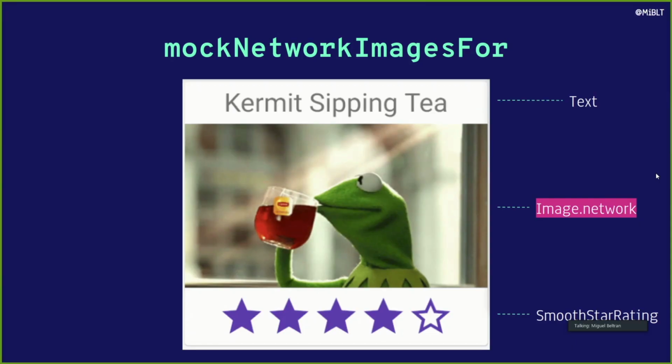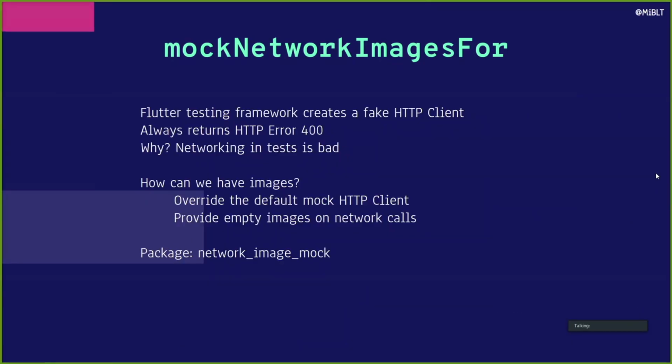Exactly what we get is the HTTP error 400. The reason is because the Flutter testing framework creates a fake HTTP client that always returns 400 for calls, including image network requests. They decided to do this because they argue that networking inside tests is a bad idea, and I agree with that.